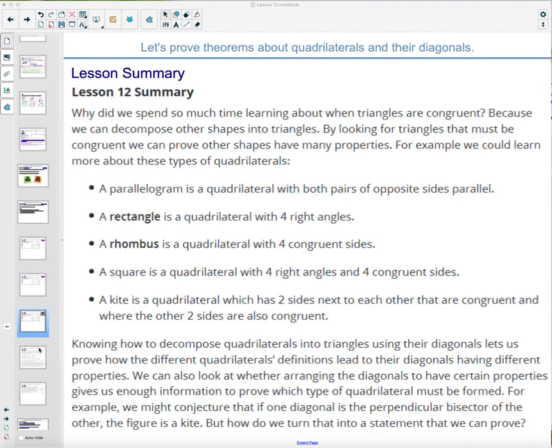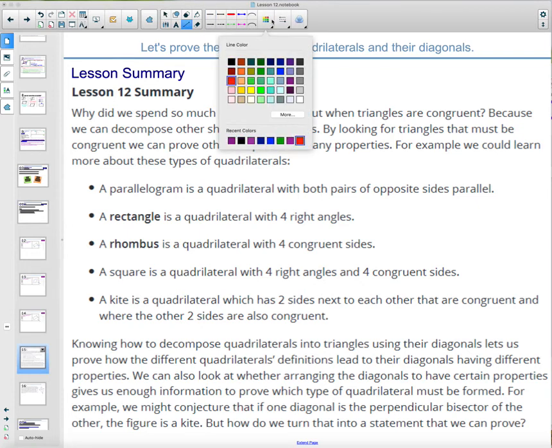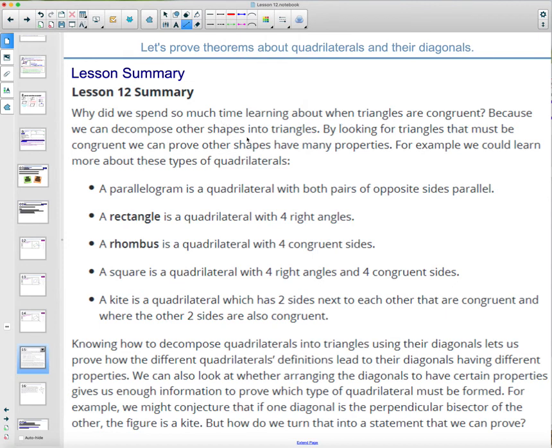So if you take a look at your lesson summary, it talks about why we did what we did today. We looked at a bunch of different ways to look at parallelograms, and we decomposed or broke them down into triangles. We looked at parallelograms, rectangles, and rhombuses.